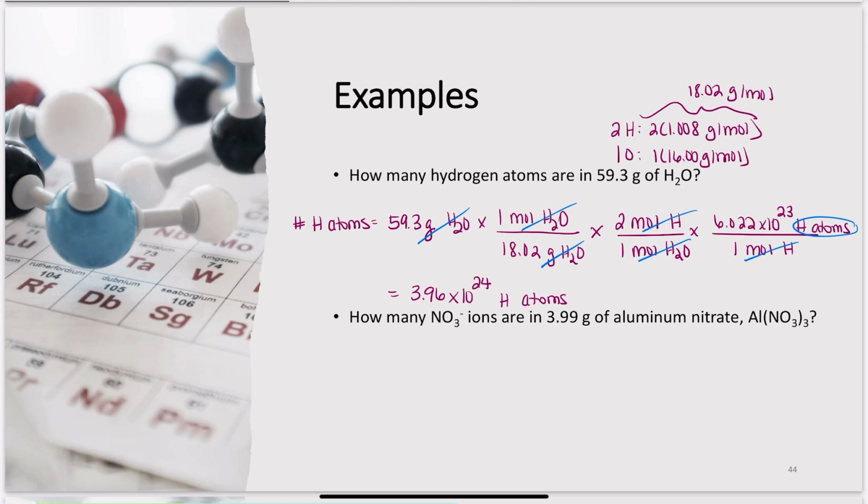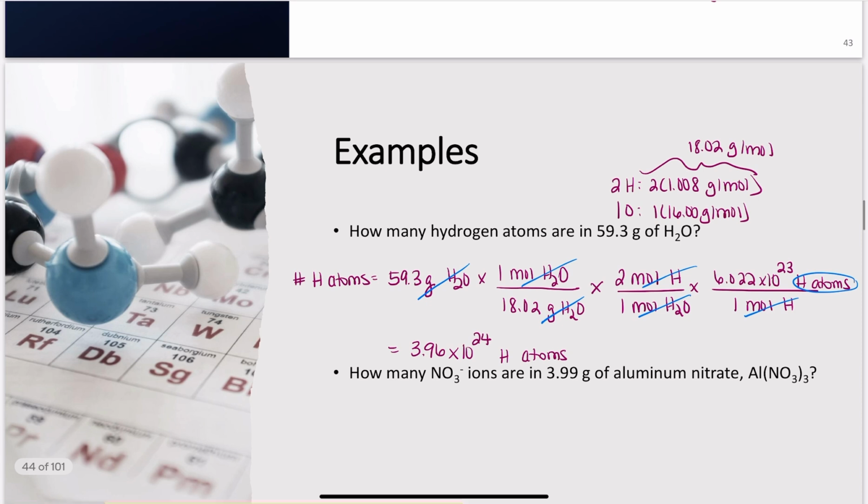And the next example, how many nitrate ions are there in 3.99 grams of aluminum nitrate, Al(NO3)3? So first thing you do is you add up the molar mass, okay?